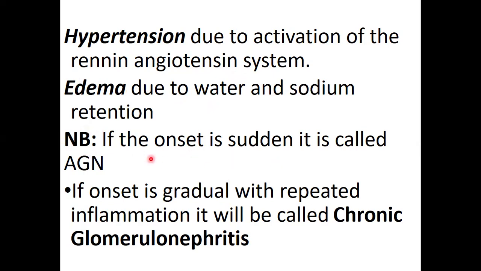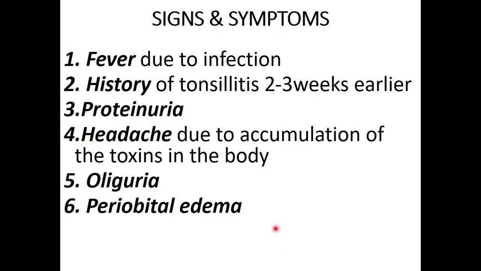Then onset, if it's sudden, you call that acute glomerulonephritis. If the onset is gradual or repeated over time, then the classification is chronic glomerulonephritis. So, in acute glomerulonephritis, chances are that the baby will have fever because this is the time that the body is also trying to clear out the group A beta hemolytic streptococcus.